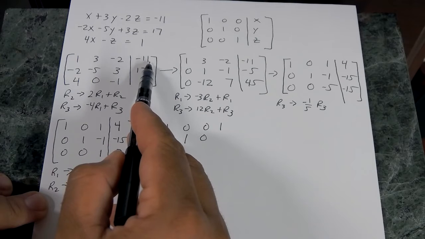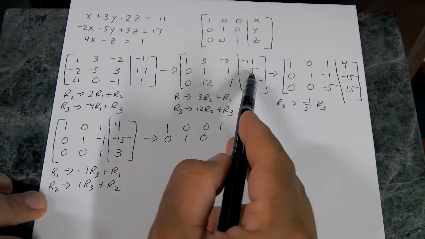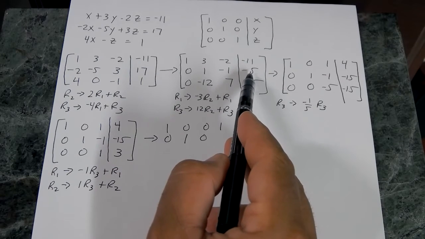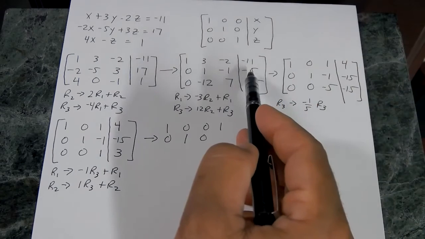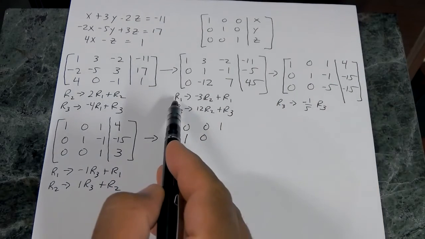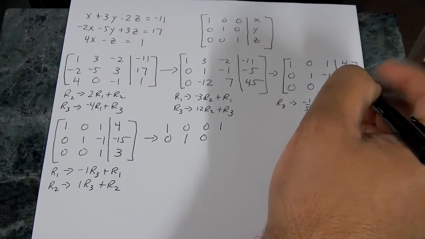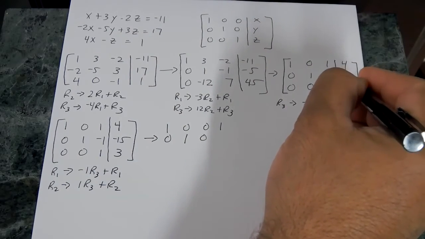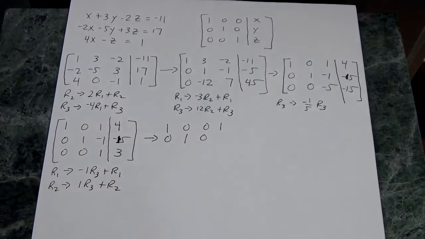Row 2, that's a negative 5. Oh, look right here. From here to here, row 2 stayed the same. I put negative 5. This was negative 15. I miscopied here. This should have been just a negative 5, which means this is a negative 5. That was my mistake right there.